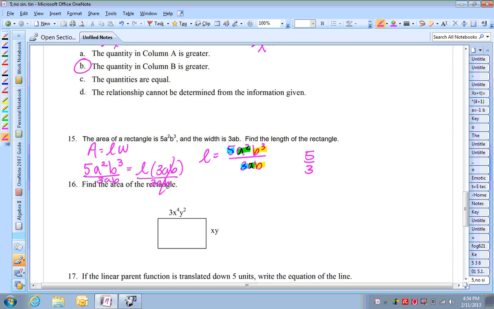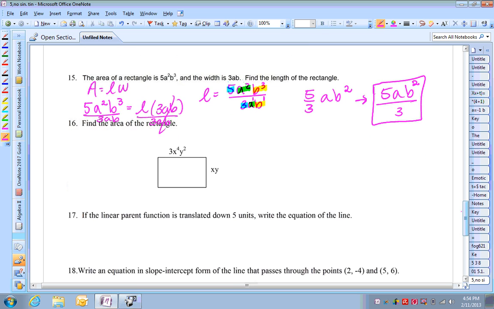And when you divide a squared by a, you subtract the exponents since you're dealing with the same base, and you end up with a to the first, because 2 minus 1 is 1. And when you divide b cubed by b to the first, you end up with b squared, because 3 minus 1 is 2. So your final answer is 5 times a b squared over 3. And that is your final answer.